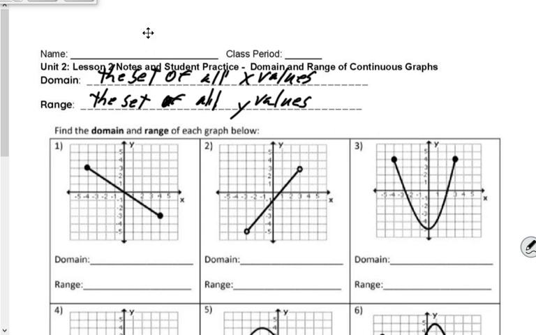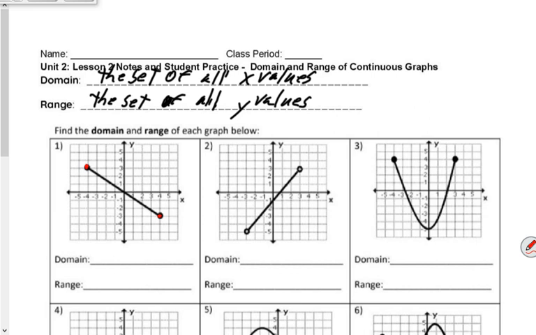So if you look right here at number 1, we're going to look at the domain first. We've got a linear function right here, and we see that it stops right here and right here. If we're looking at domain, we're really just looking at all the x values. We're not worried about what the y values are yet.